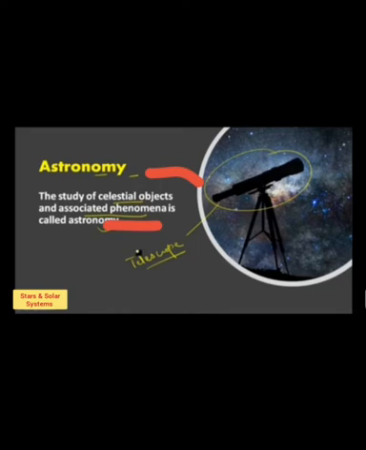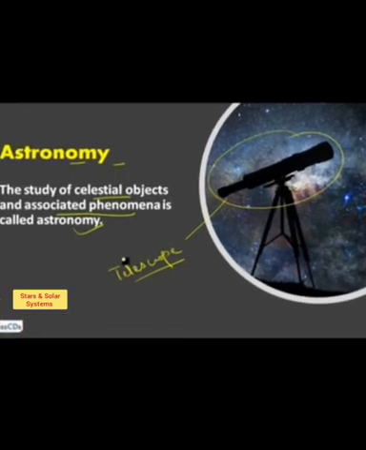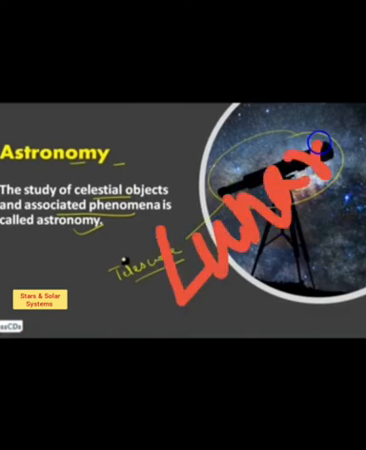How does it happen? On 21st June 2020, there was one type of eclipse. What was that eclipse? You will recall it. There are two types of eclipses, lunar and solar.